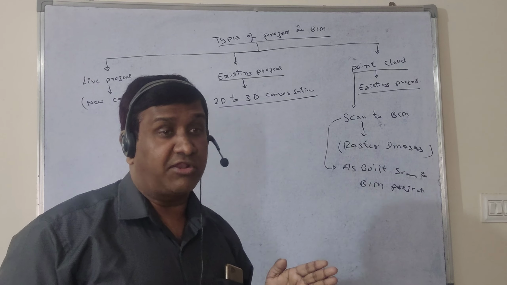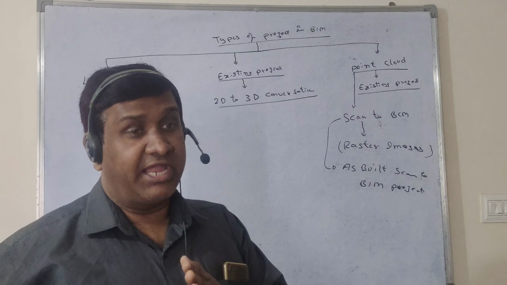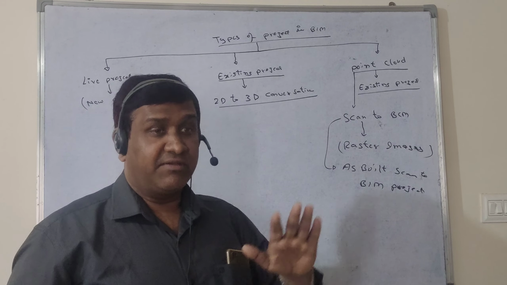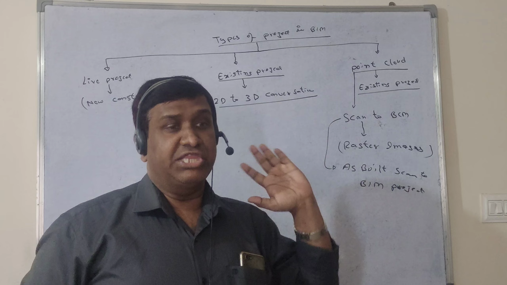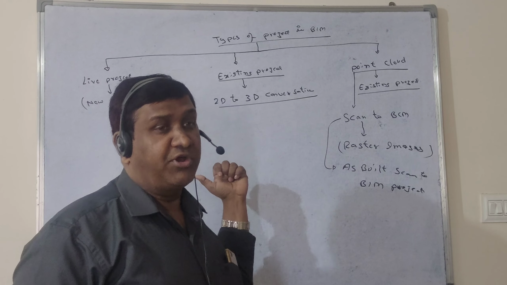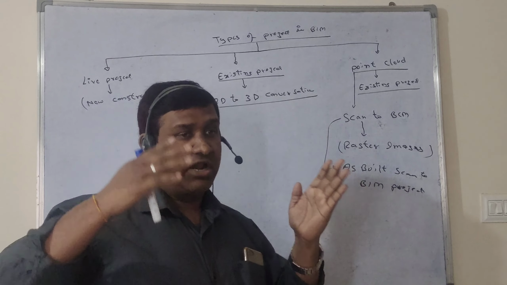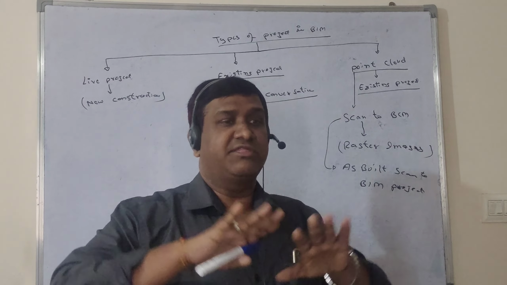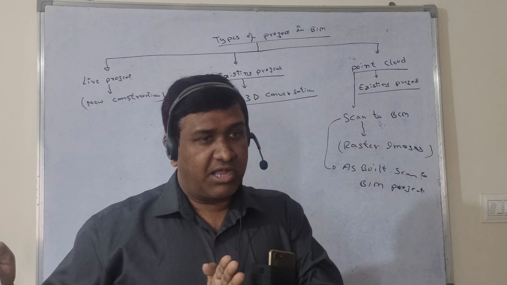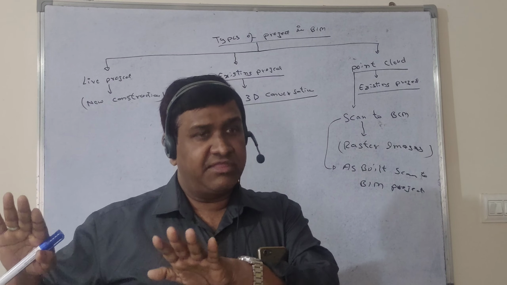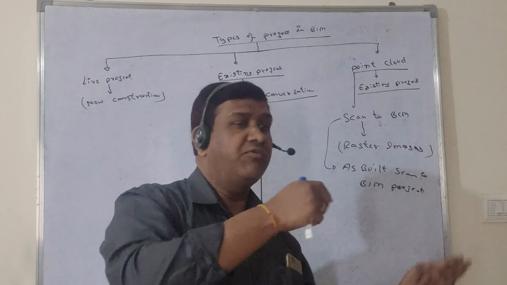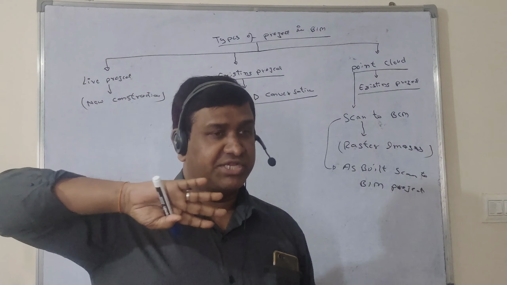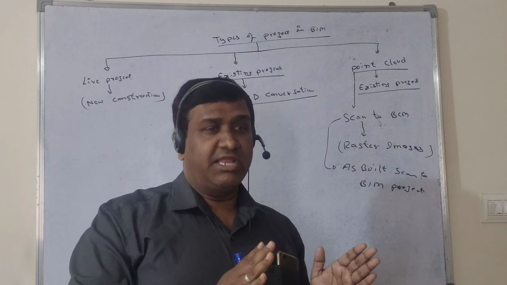Because some industries also have a drawing, but it is in 2D and they want to convert it into 3D. When they are going to establish a new factory, that time also it is a live project they are working on in BIM. If the factory already exists and all the machinery has been placed, and they want to place one more new factory with the same building and same machineries, then they scan all these machineries and make a model in BIM.